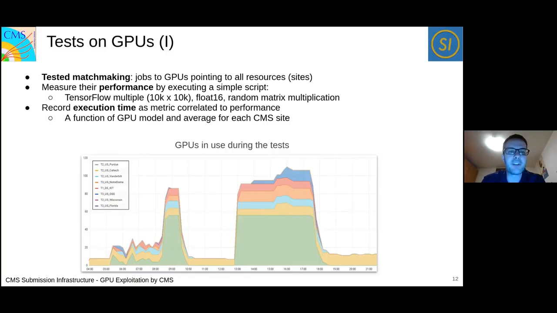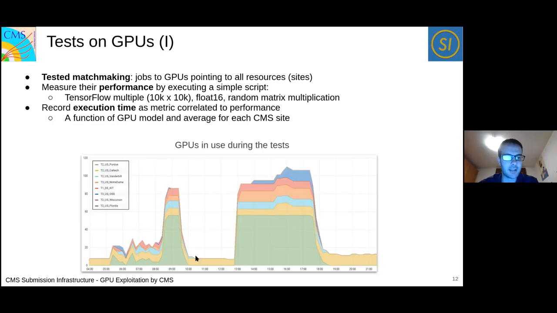And to measure the performance, we executed a simple script that was running a matrix multiplication, a 10,000 by 10,000 random matrix multiplication, 10,000 times. So 10,000 of those matrices were multiplied, and we recorded the execution time as a metric to correlate performance as a function of the GPU model.